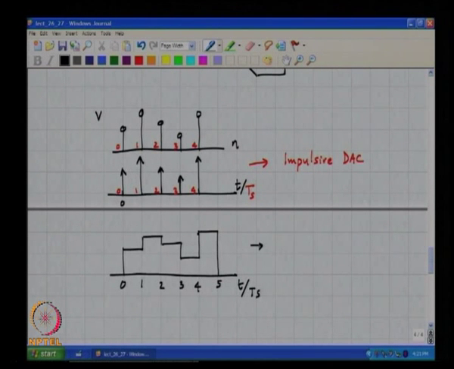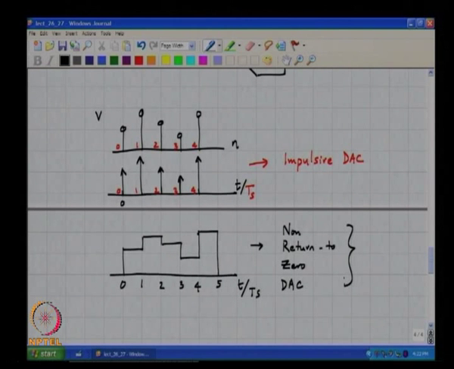So, this is what is called a non-return to 0 DAC. Everybody understands that a DAC takes an input sequence and converts it into an analog output waveform. So, the only point of contention is what the pulse shape of the DAC is. It can either be impulsive or can have your favorite pulse shape.